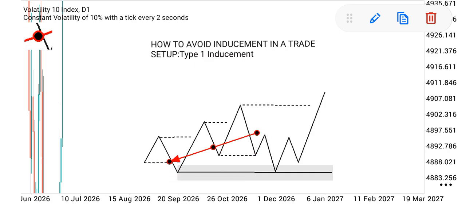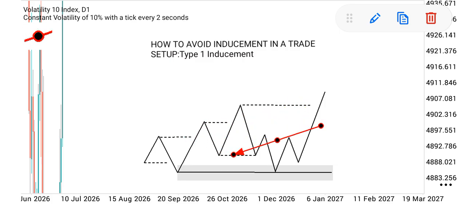So now we have a sweep of liquidity, then we have our break of structure, which is this, and the original cause of the break of structure is this point, and we see a valid order block here, and we mark our order block, mark our 50%. I want price to tap in, then we wait to see our inducement, and this we see here. It's a type 1 inducement that is formed after the break of structure.